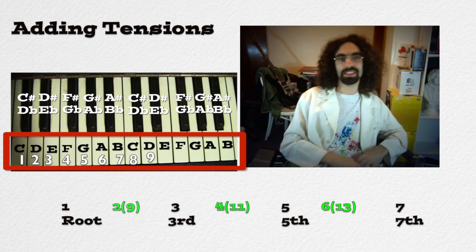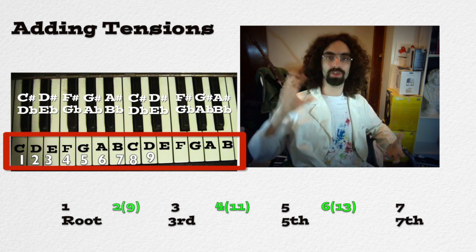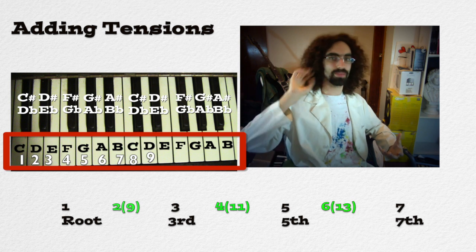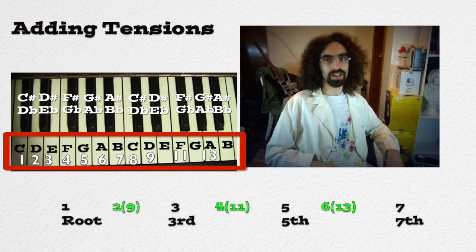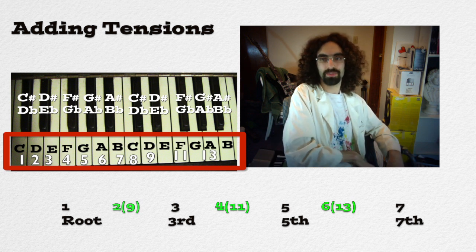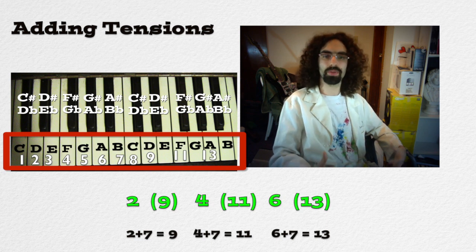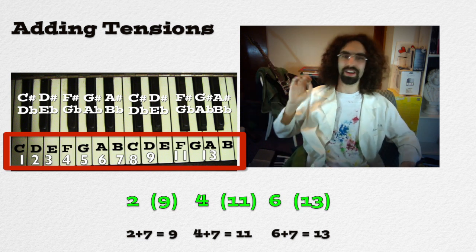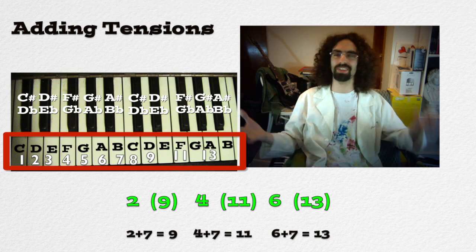Since we are putting these tensions on top of chords, they're often more than an octave above the root of the chord, so we do call them 9 or 11 or 13. And a quick way to remember which is which is you add or subtract 7 from the number you got. So if you've got 2 and you want to remember what's the octave higher version of 2, you just add 7, you get 9. And if you have 9 and you want to say, what's that one again?